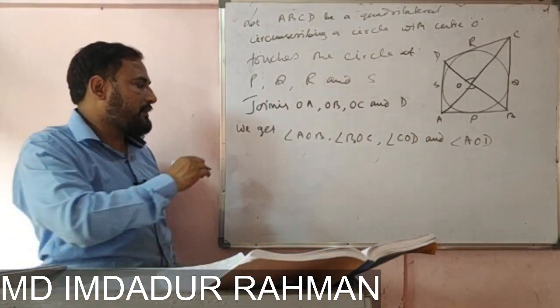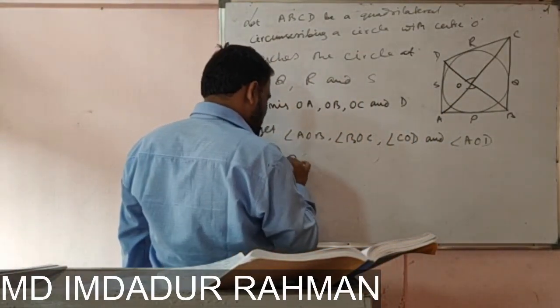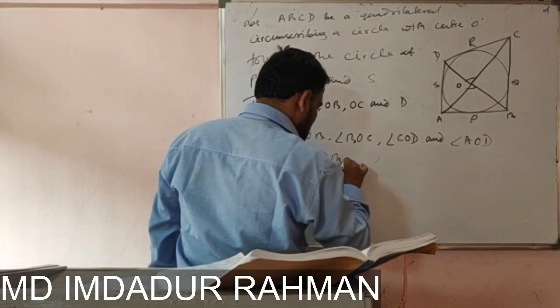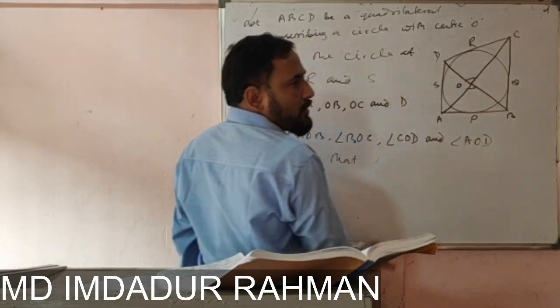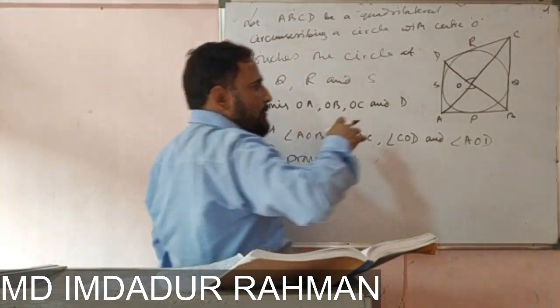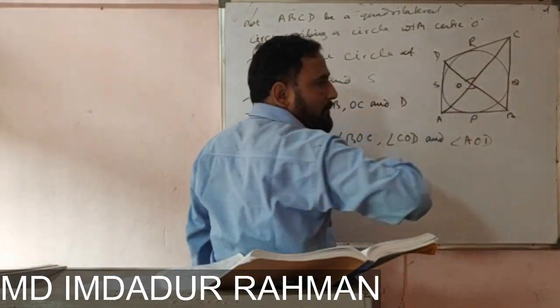We have to prove that this angle plus this angle is equal to 180 degrees. We have to prove that these two angles are supplementary.